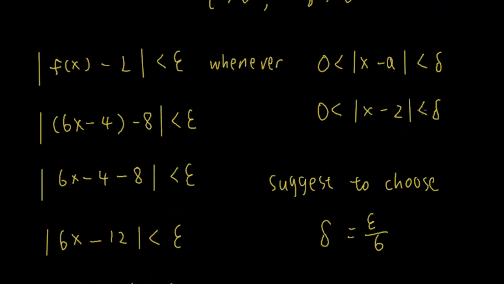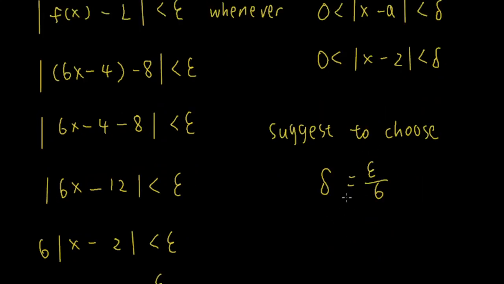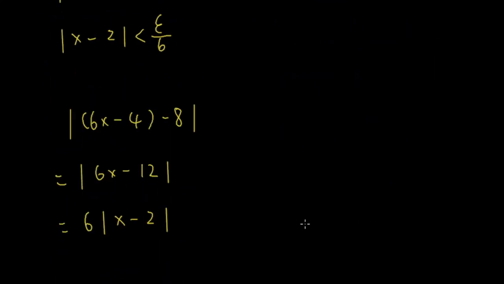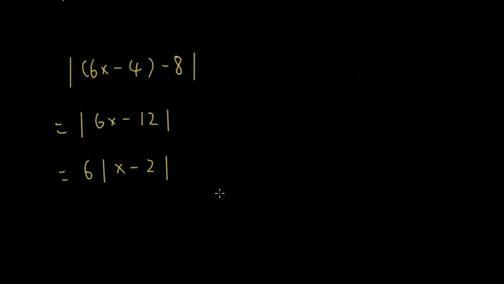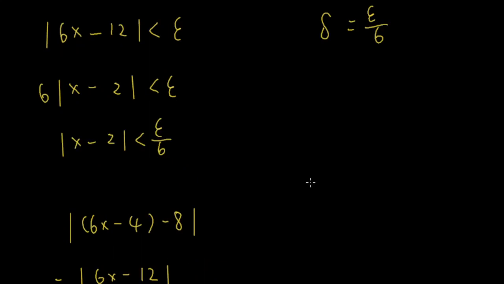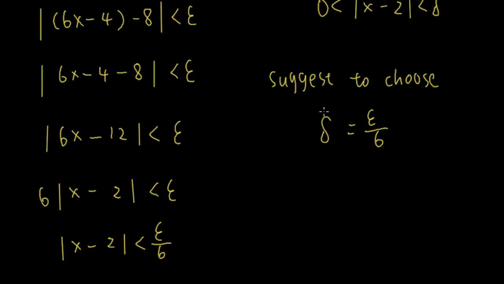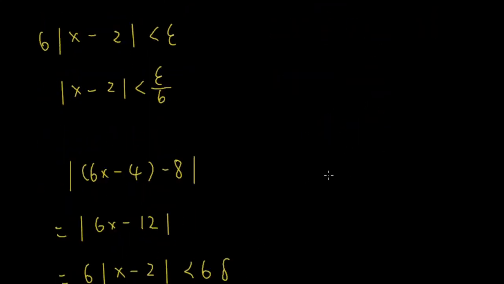It's less than delta. And we choose delta to be equal to epsilon over 6. Now look at this. Since the absolute value of x minus 2 is less than delta, then 6 times the absolute value of x minus 2 is less than 6 times delta. As I mentioned, we chose epsilon over 6 to be delta.